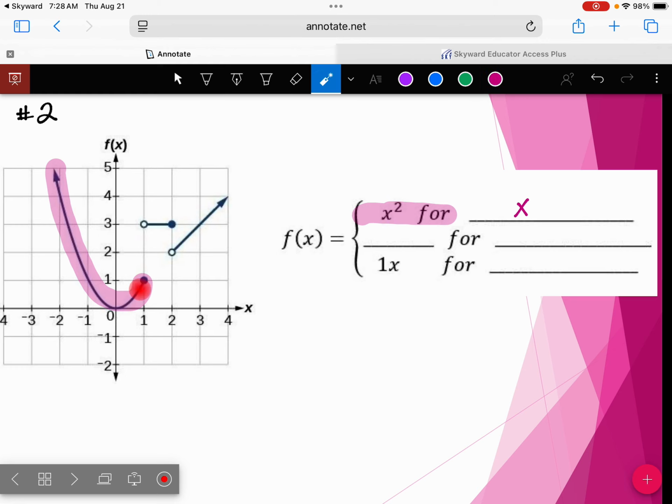The highest my x's go on this pink piece is 1. Can they equal 1? Do we have a closed circle or an open circle? Closed circle. So we know it can equal. And we know that 1 is our biggest, so my x's have to be less than or equal to 1. Closed circle here means we are going to include our equals to. And this goes all the way left.